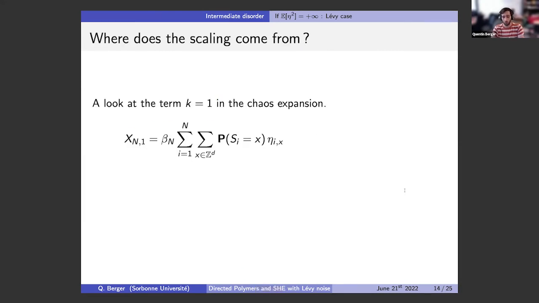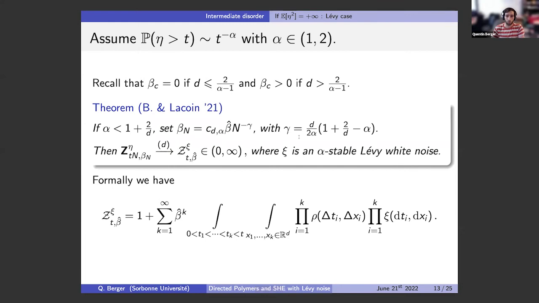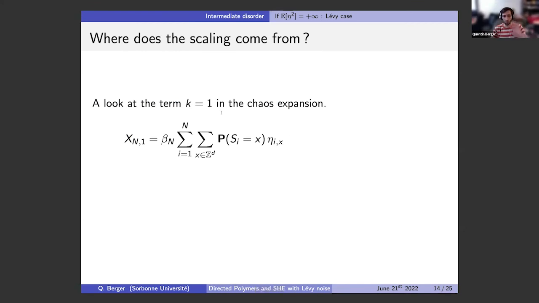Okay, so let me explain a bit more where the scaling comes from, where this exponent gamma comes from. Let me go back to the expansion I wrote before and look at the first term. The first term is beta n times the sum of the simple random walk transition kernel times the random variable eta at (i, x).